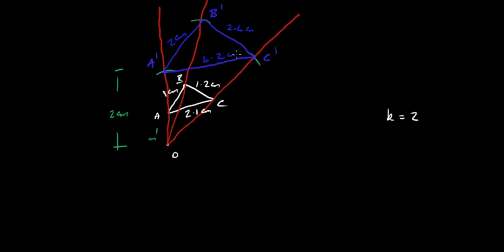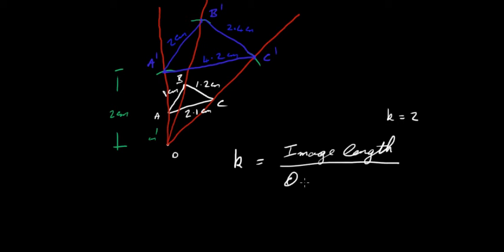Now, if you didn't have the scale factor, but you just had the 2 triangles, and you knew that this was the image and this was the object, you could simply work backwards, and you could find that K, your scale factor, is in fact any image length divided by the corresponding object length.